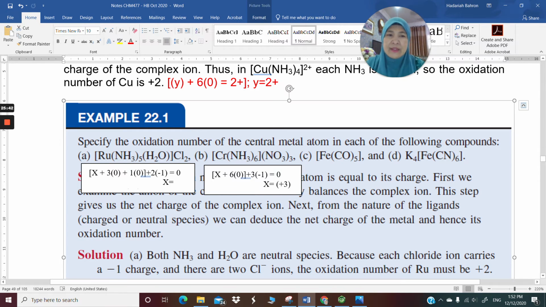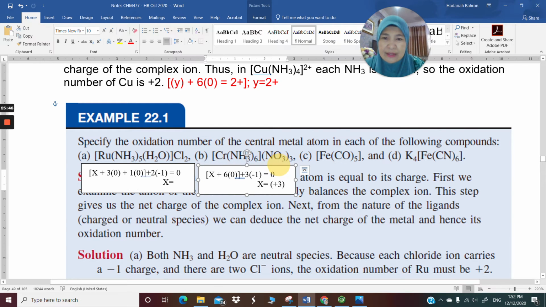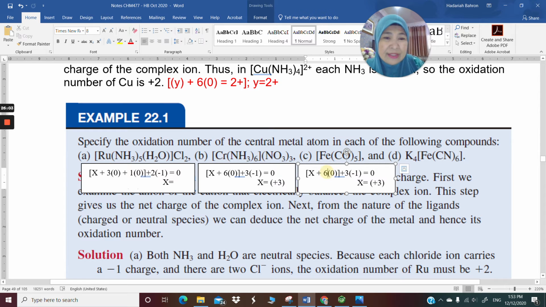Okay, let's go through C. Okay, for example, C, you have FeCO5. This is really very simple. And the whole thing doesn't have any charge with it. And if you want to determine what is the oxidation state of iron, in this case, all you have to do is X plus 5 times 0, because there is no other counter ion there, is equal to 0.